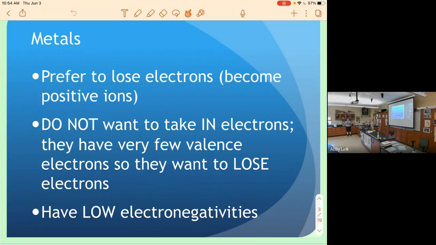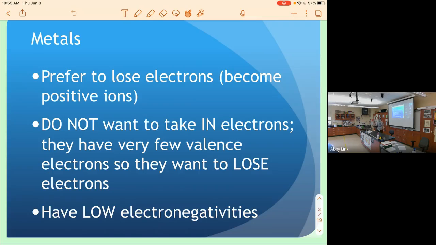Your transition metals, while we don't know the majority of their charges, the charges that we do have written in for like zinc, right? It's a +2. Silver is a +1. So your metals prefer to lose electrons because they become positive ions. Okay? Because of this, they have low electronegativity values. All right? This is just a connection between the behavior of metals, their valence electrons, and now electronegativity and how it connects back into all that stuff.